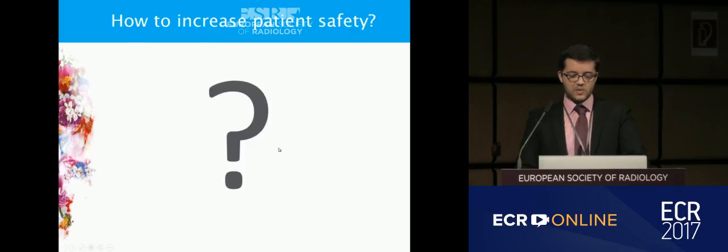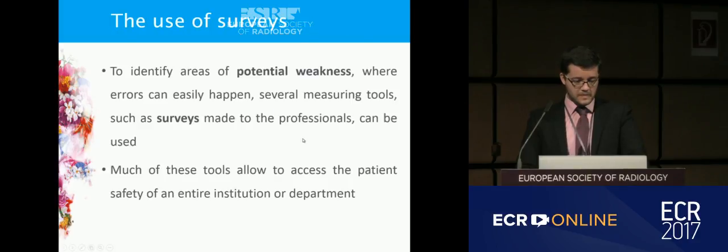So this leads to the question, how can we increase patient safety in our departments? I have 3 suggestions. This is my first one and the most common one, the use of surveys.